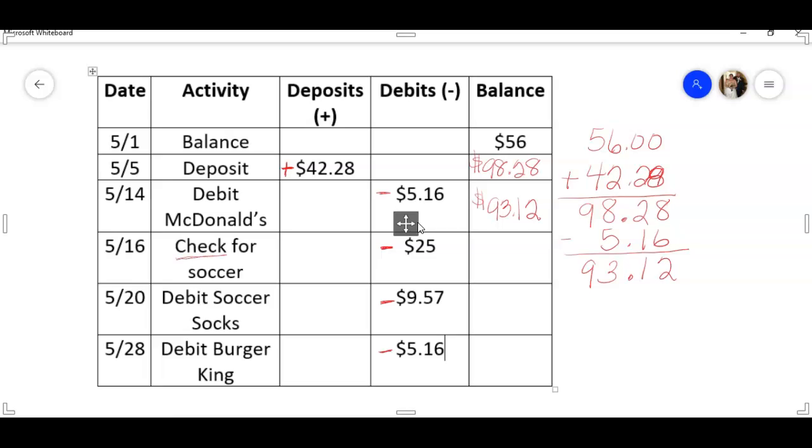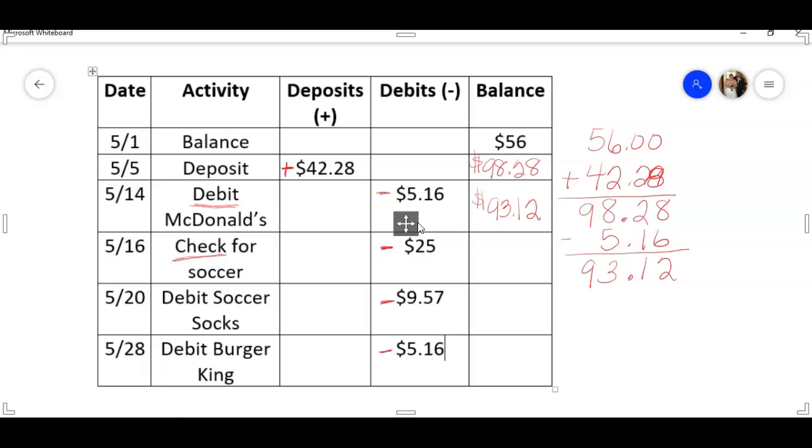Now notice, this is something to pay attention to. This debit, he probably used his debit card, which we're going to talk about methods of payment next week. And then this, he actually used an actual check, because he is making sure that he's putting that in his records. So that's important to him to know.